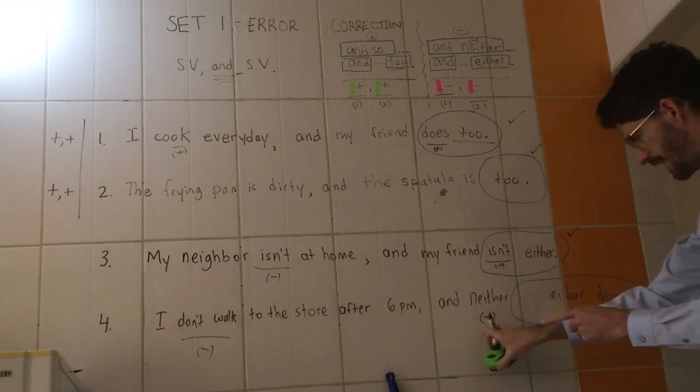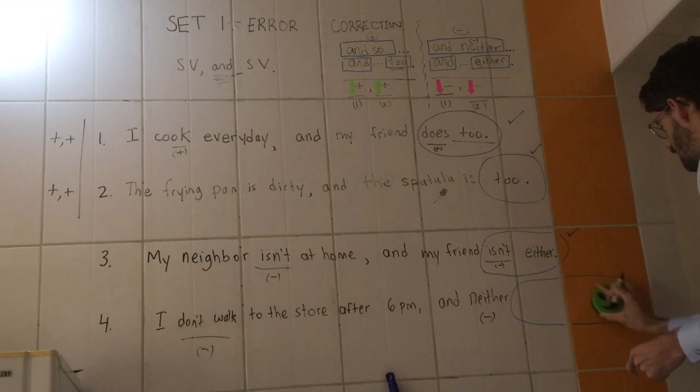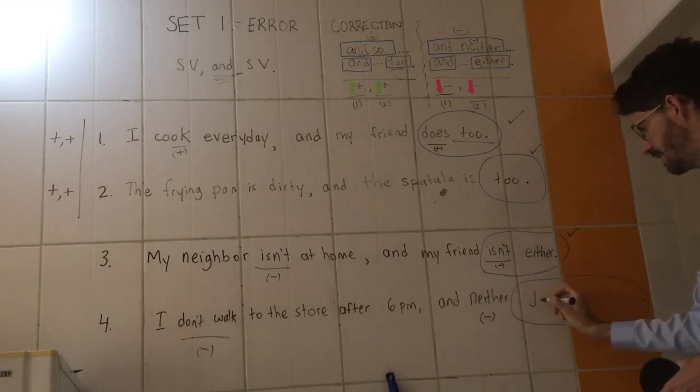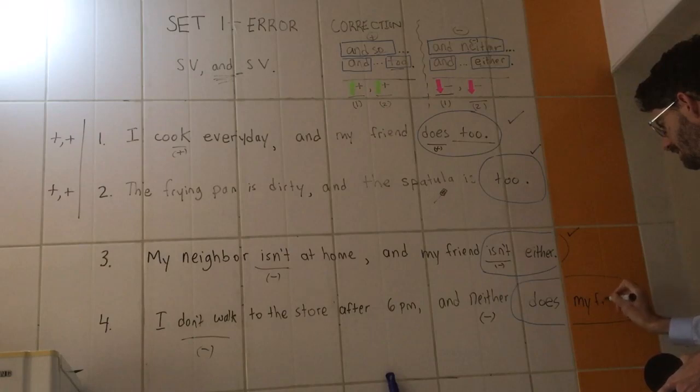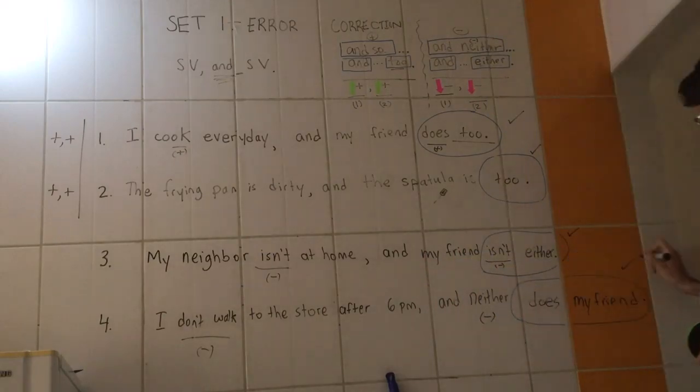I can use this negative, but I need the helper verb and then the subject. So, and neither does, and then the subject, my friend. Period. Okay? So now this one is okay.